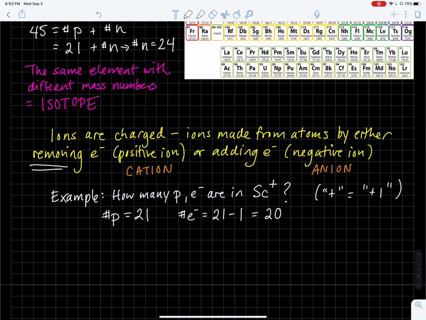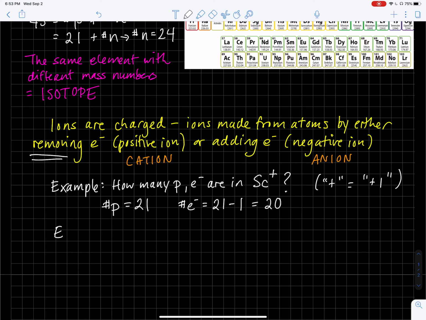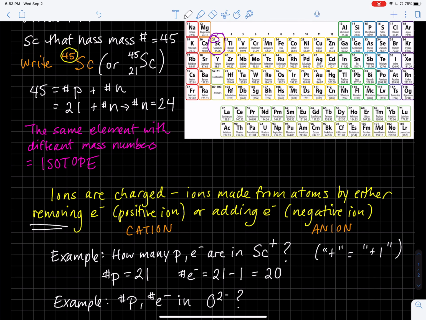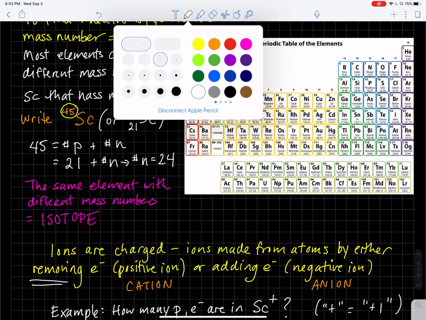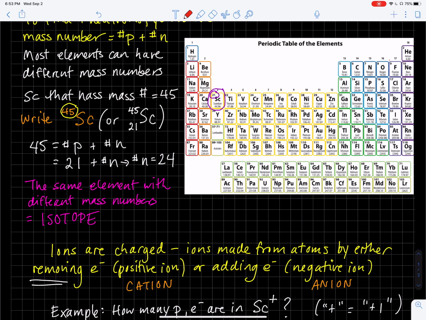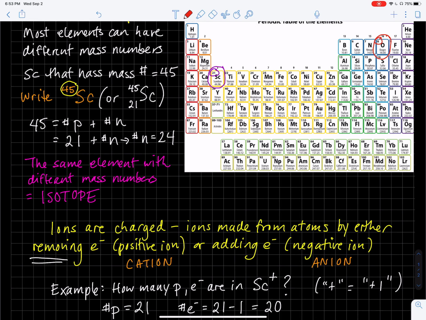And I'll do one more example, which is how many protons and electrons in this ion, O2 minus. All right, so this is a new element, so we'll go back up to our periodic table, and here we find O. It has atomic number of 8.